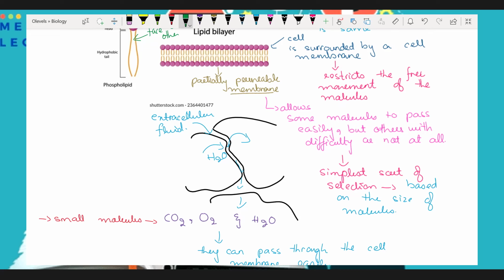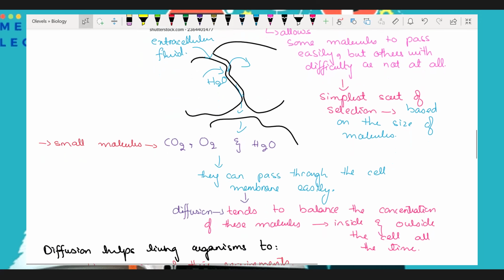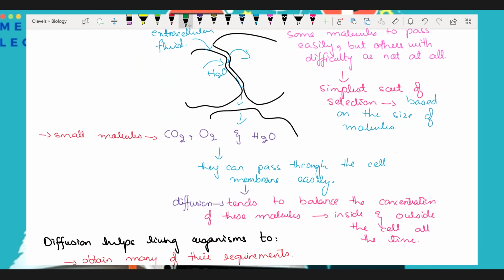So the simple sort of selection is based on the size of the molecules, right? It allows the smaller molecules to pass through the cell membrane while the larger molecules couldn't pass this membrane. For example, the small molecules, like carbon dioxide, oxygen, and H2O, they can pass through the cell membrane easily.